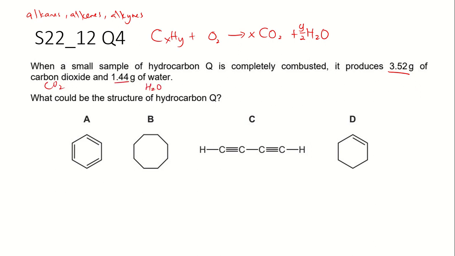Since all carbon in the hydrocarbon will turn into CO2, the number of moles of CO2 that is produced will give us the number of moles of carbon in the hydrocarbon Q. Since we are given the mass, divide the mass by the molar mass of CO2, which is 12.0 plus 16.0 multiplied by 2. If we use the calculator, it will be 0.08 mole.